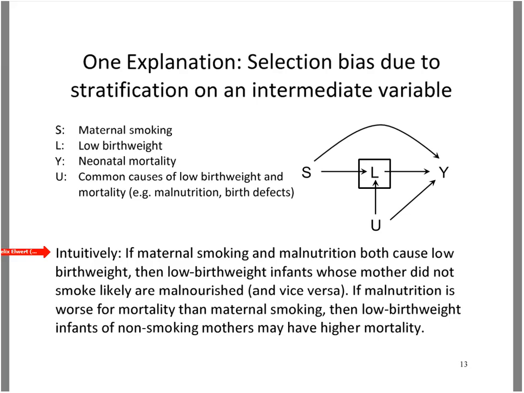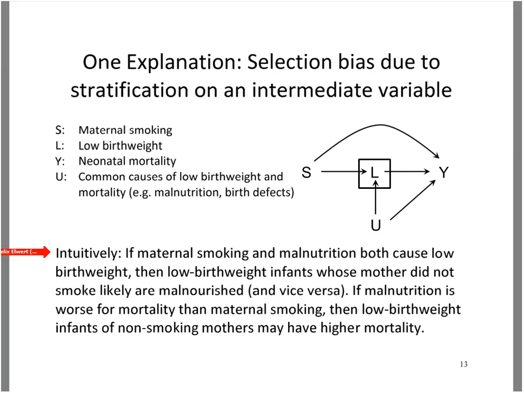So there you go. You have both a mechanistic story, which we did on the previous slide, and now a substantive story that accounts for the possibility that the birth weight paradox is due to conditioning on an intermediate variable.